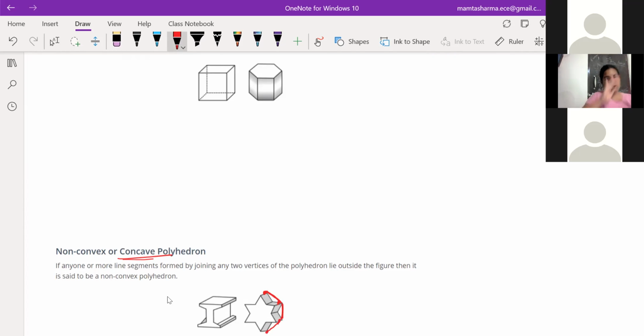Ma'am, but the edges are also seen to the outside only. Edges are toward the outside.